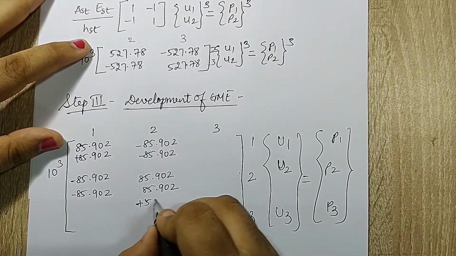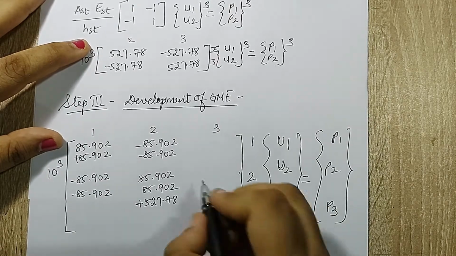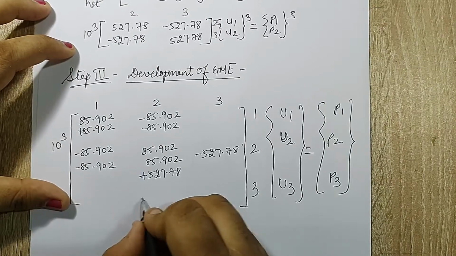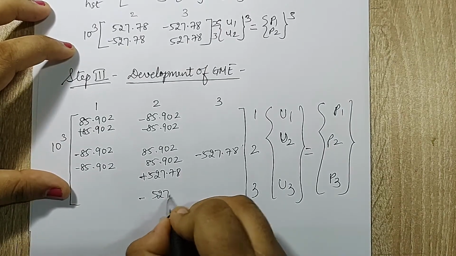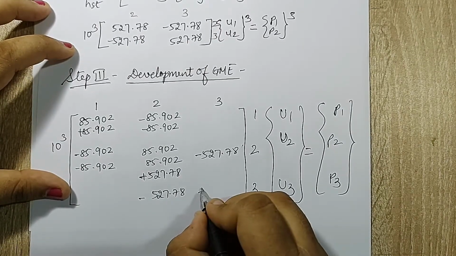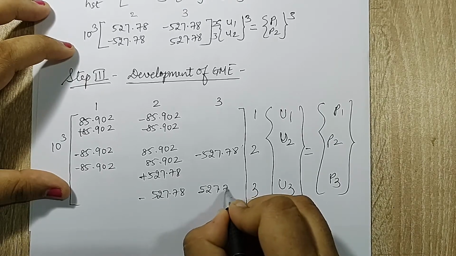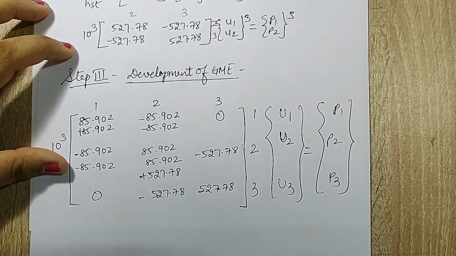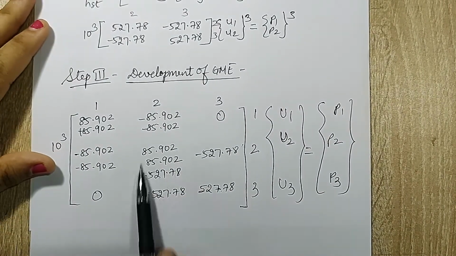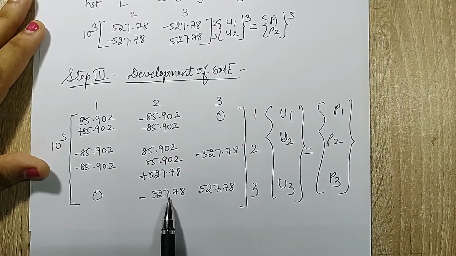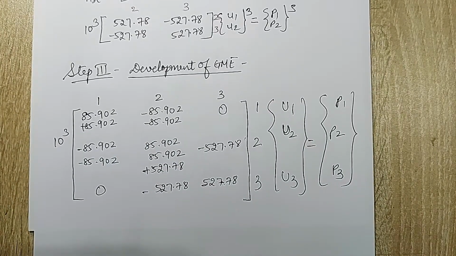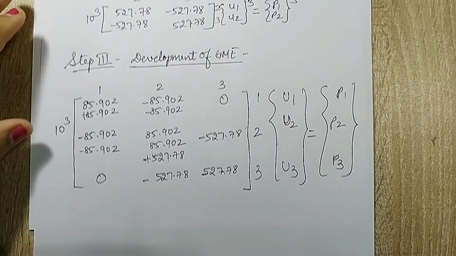So plus 527.78 minus 527.78. These two elements are 0. Now be careful here, there are 3 terms. Do not just add this over here, it will become 0 otherwise. Next, I'll go for step 4, which is imposing of boundary conditions.